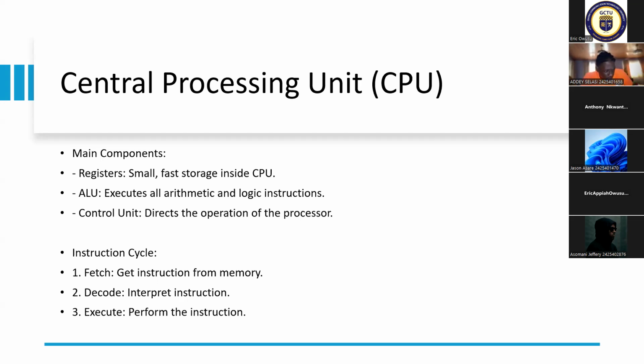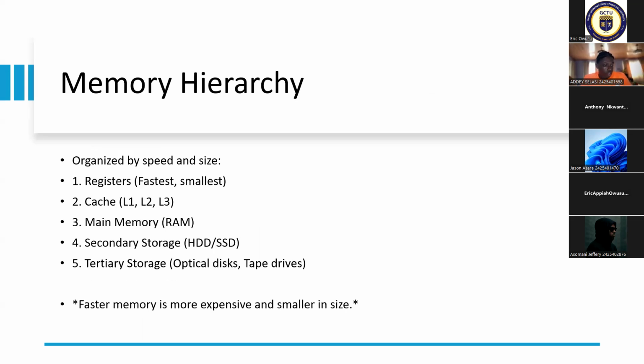Then coming to the instruction cycle, it has three processes: fetch, decode, and execute. So for fetch, it gets instruction from the memory, and it takes it to the decode stage where it interprets the instruction. Then the final stage, which is execute, it performs the instruction, or it puts out what it's supposed to do, basically. I think the next person.